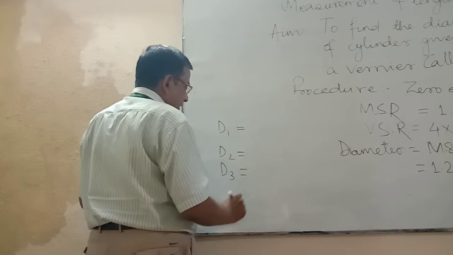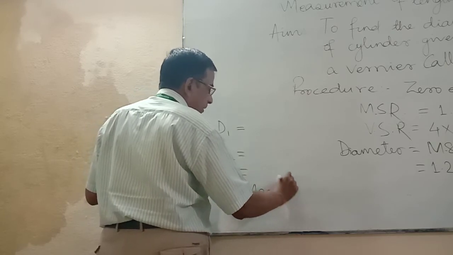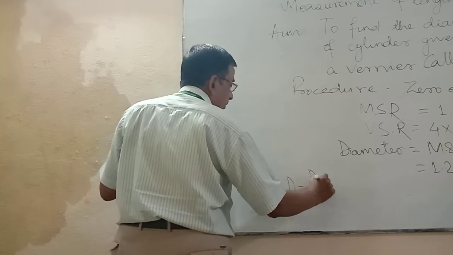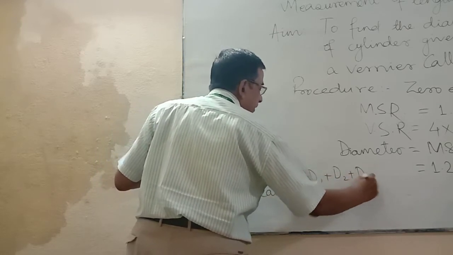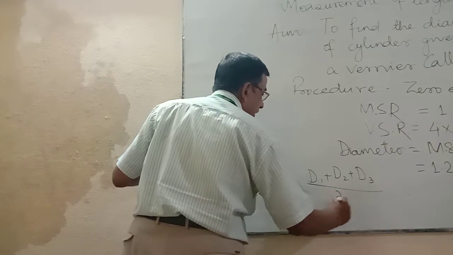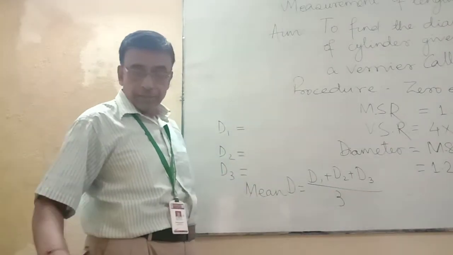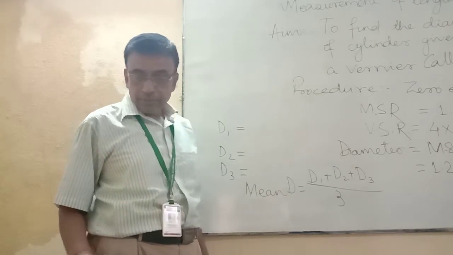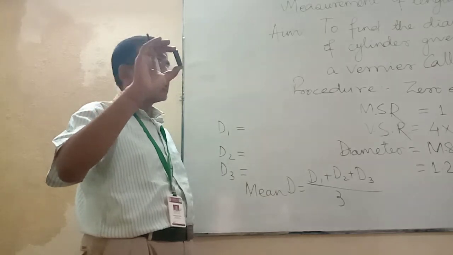So accordingly, mean D will be D1 plus D2 plus D3 divided by 3. In this way, you can find out the mean diameter of the given cylinder. Okay, where is the cylinder? Yes, you can find out the diameter of this cylinder.